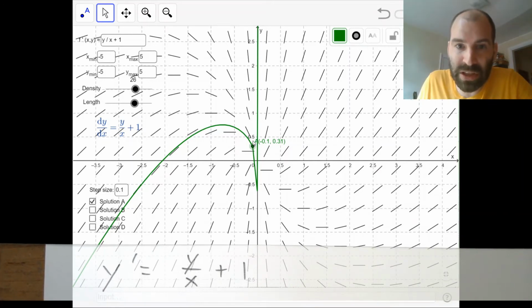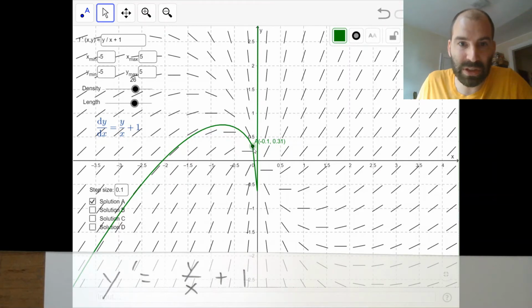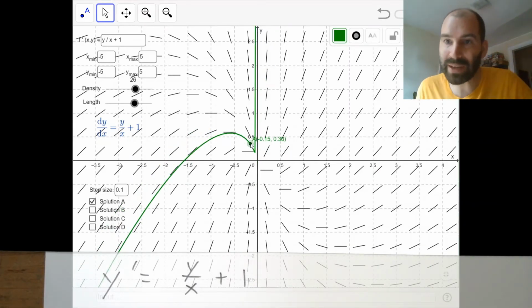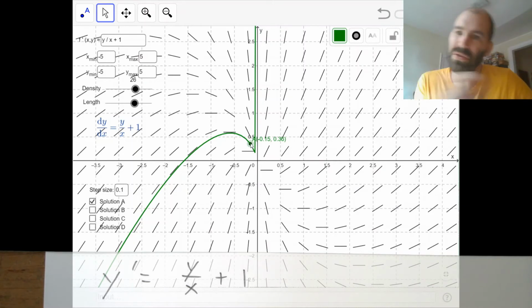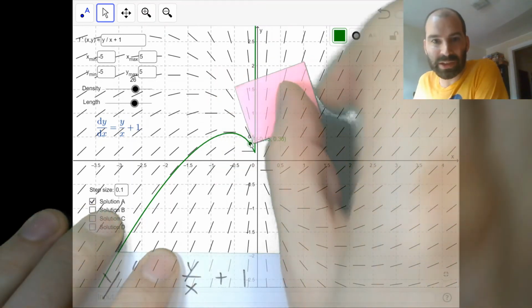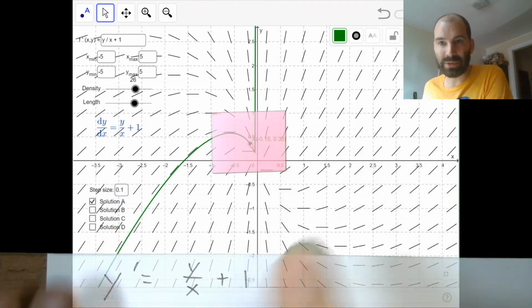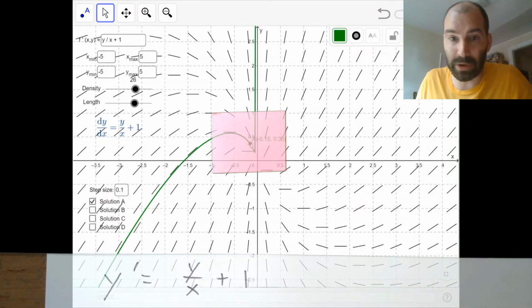Now, if I position this point close to the y-axis, I need my rectangle small enough so as not to include the y-axis, because the y-axis is where we have the problem. That's where x is 0. Okay, so this rectangle is much too big. It's including the y-axis where x is 0.